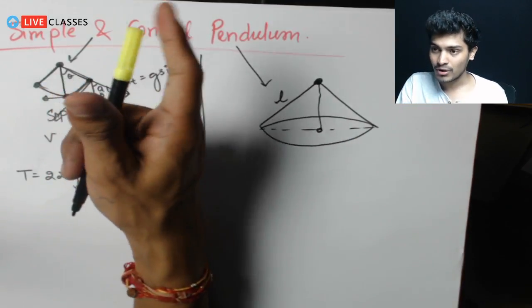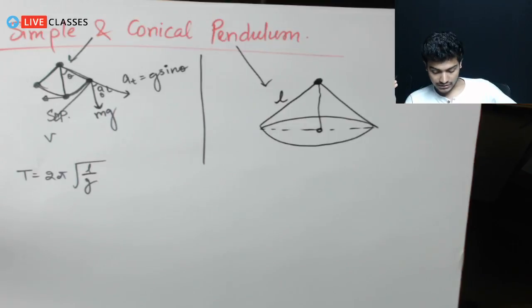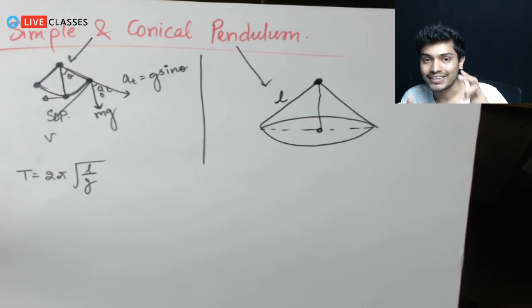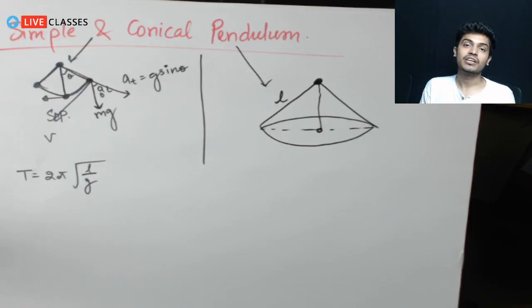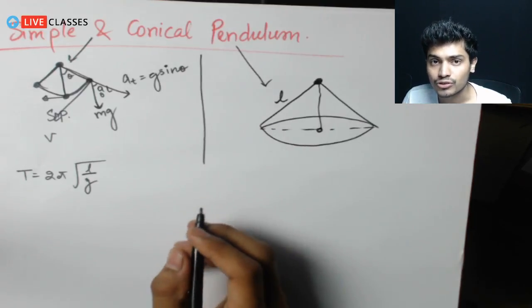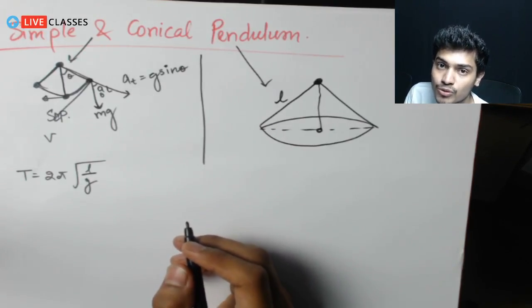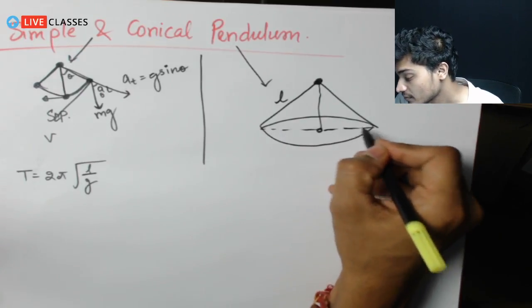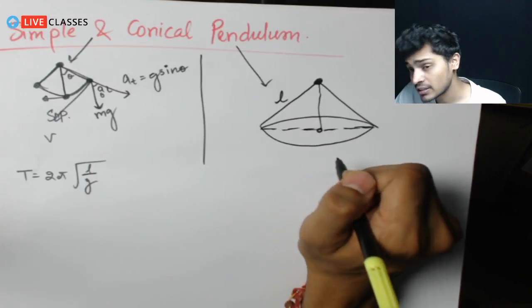In work, power and energy, we have covered the vertical circle and horizontal circle, and we have conserved the energy at the bottommost point and uppermost point, and found the various conditions regarding the velocity, what should be the minimum velocity at the bottommost point in order to complete the circle. So that part is covered in work, power, energy.